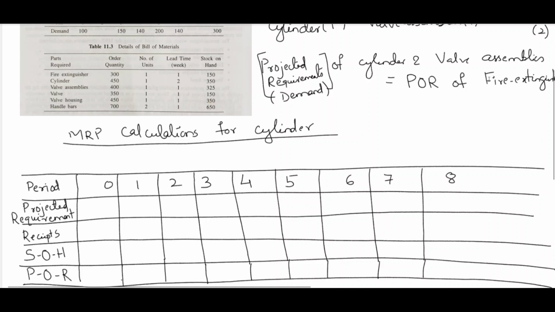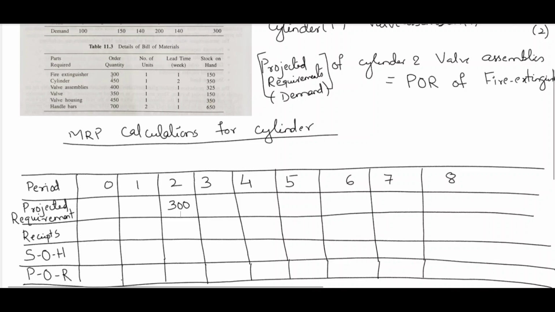If you go through the previous video, you can see that the planned order release of the fire extinguisher was 300 for the second week, 300, 300. If you remember, the EOQ of the fire extinguisher was 300.